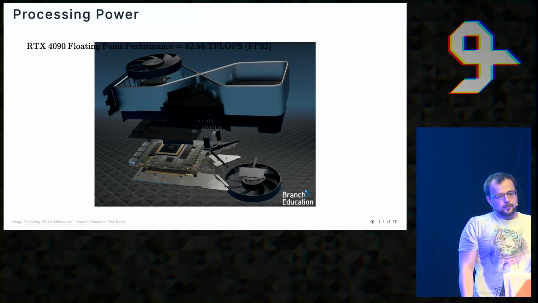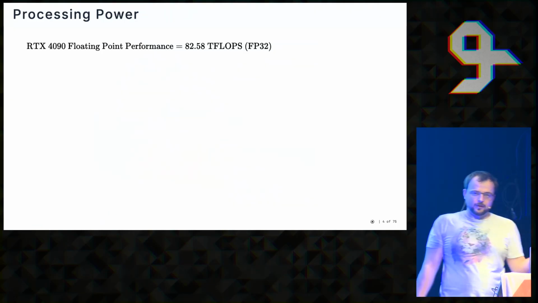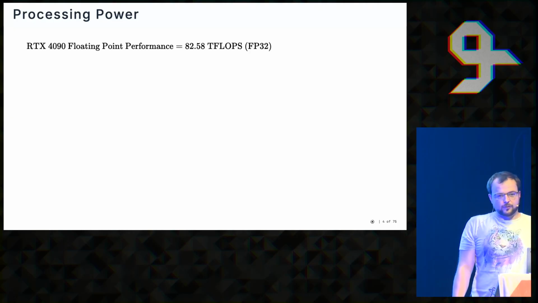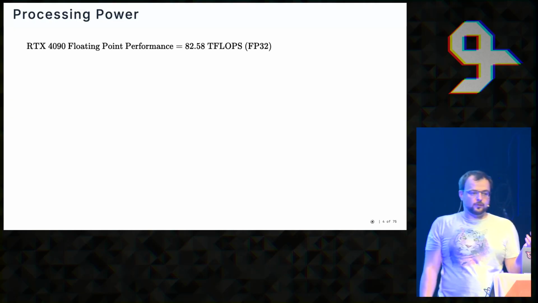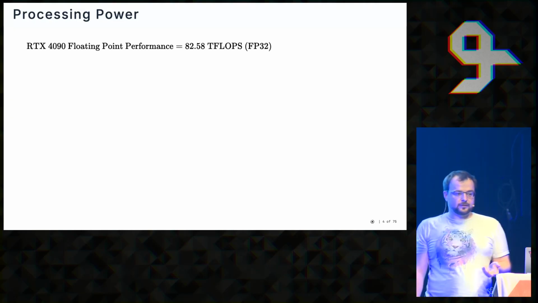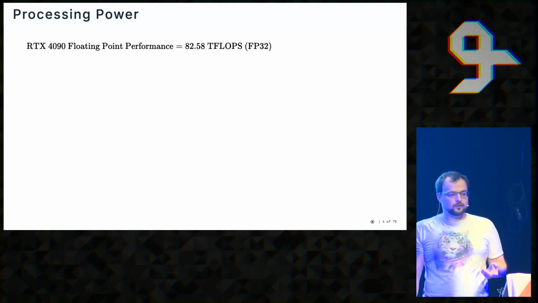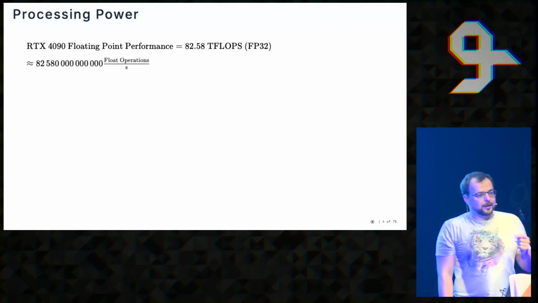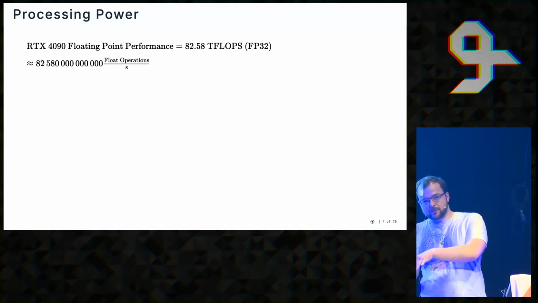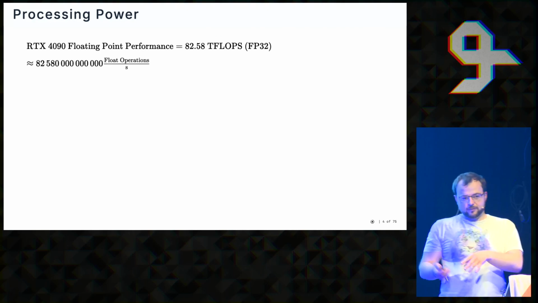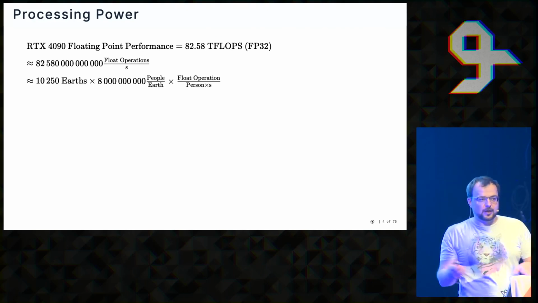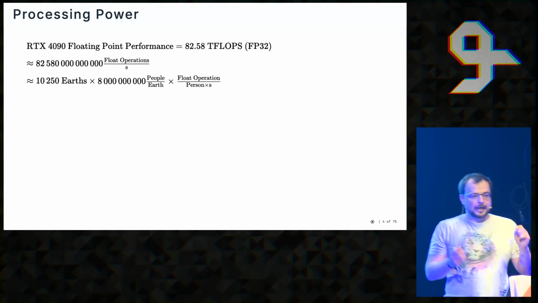An RTX 4090 has roughly a throughput of 82 trillion floating point operations per second at a precision of 32 bits, which is a lot. If everyone on Earth made one calculation per second, you would need about 10,000 Earths to have the same kind of processing power.